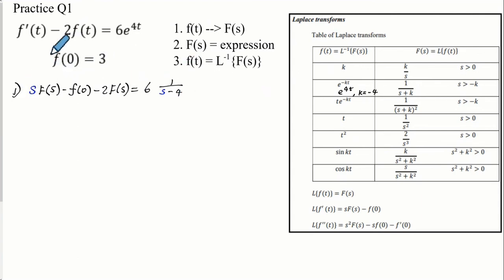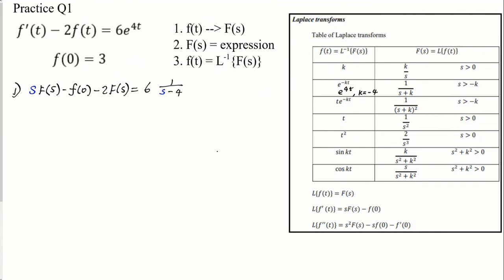We do need to include, after that, the initial conditions, so that the only things left in the expression is F(s) and numbers and the variable s. Okay, so substitute the initial condition into the equation. I'm actually going to be lazy here.